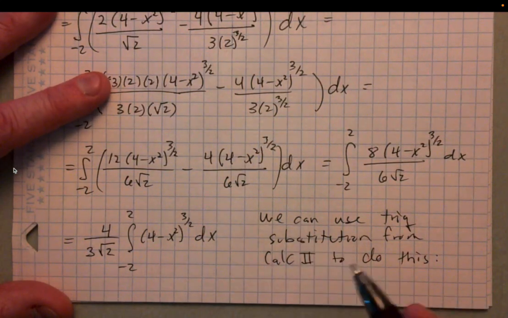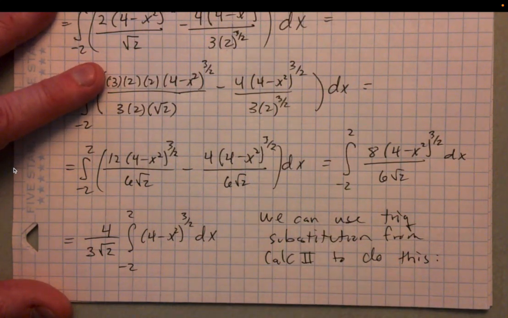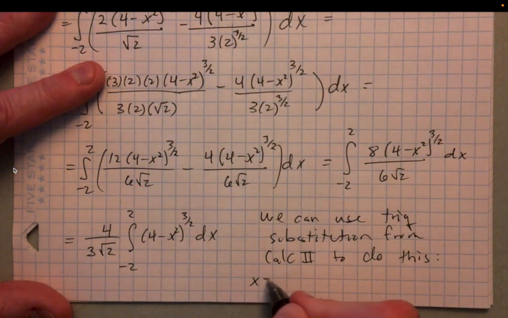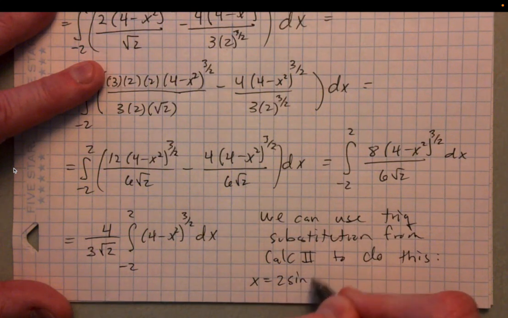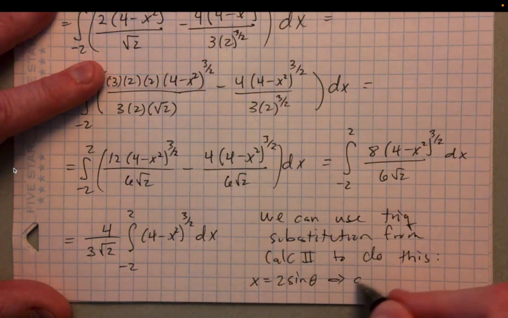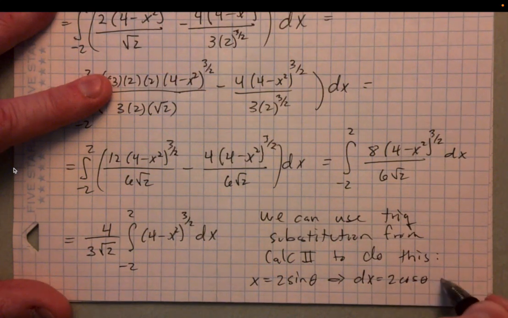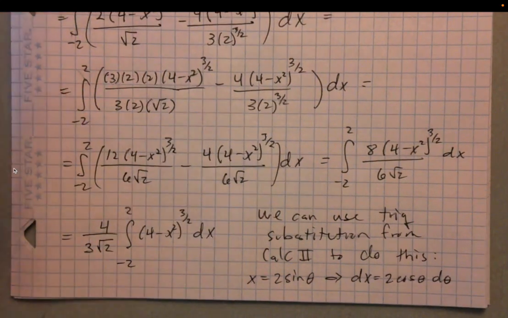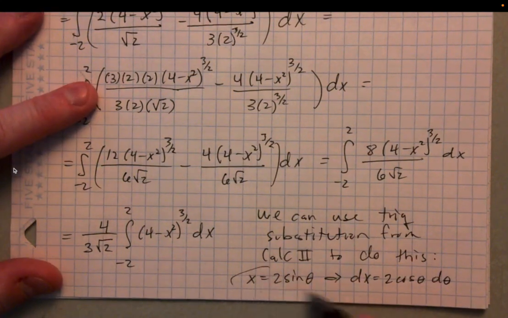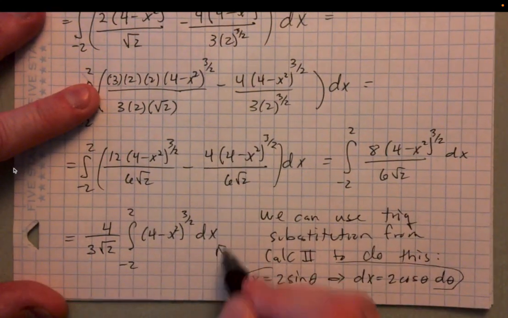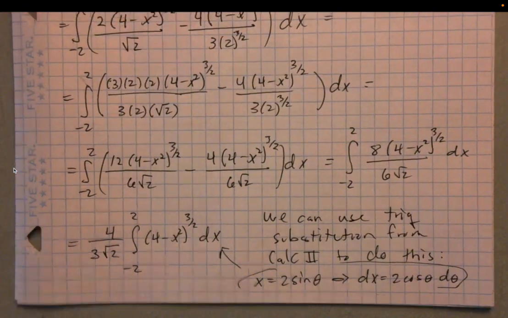All right, and so basically you could set up a right triangle, and what you'd find is that x should be equal to 2 sine of theta, and that's going to mean dx is equal to 2 cos theta d theta. Okay. All right, and so kind of keeping that in mind, we're going to work on this integral.